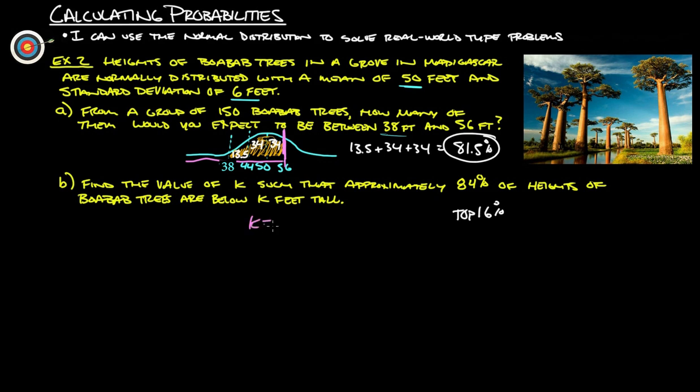So K in this case is going to equal 56 feet. Well, it's K feet tall, so just 56 would work. Because 34, 34, 13.5, and then the other 2.5 is going to add up to 84 total percent. Okay, that's all we have for the first half of calculating probabilities.